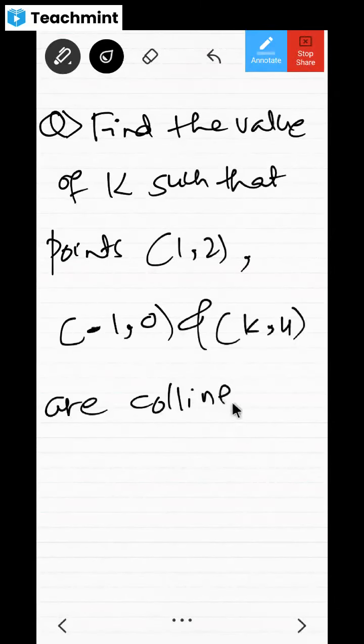Please do this question. Very important question. This can be asked for 3 marks in your board exam of 10th standard. Find the value of k such that points 1 comma 2, minus 1 comma 0 and k comma 4 are collinear.